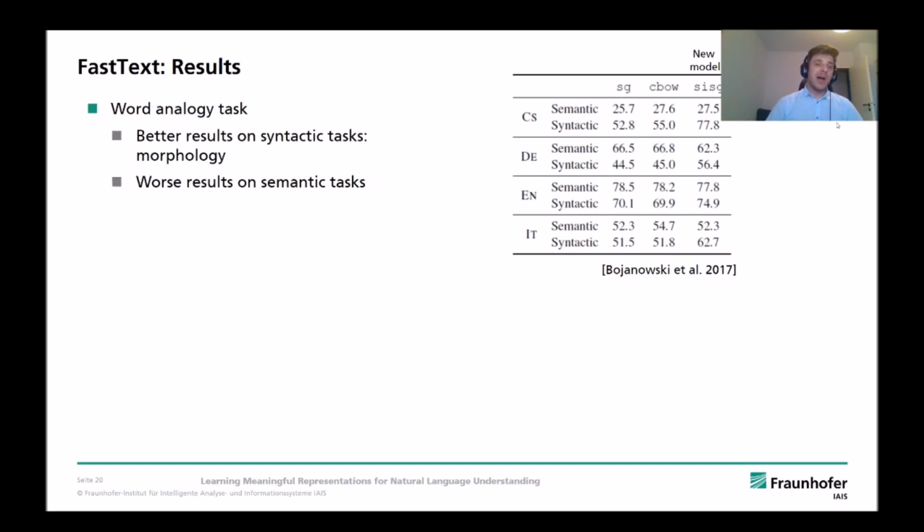And this is not a surprise, because these syntactic questions, they rely more on morphology of words. The semantic results are slightly worse, so this is the column which indicates the FastText results, and these are Word2Vec results. Slightly worse in most of the questions and most of the languages, but the syntactic performance is often way better, so magnitudes better.